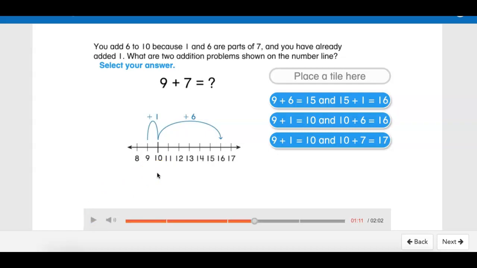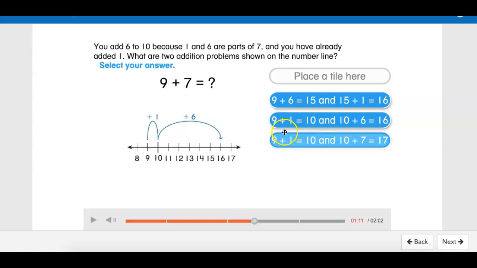So what are two addition problems shown on the number line? Let's look and see where our number line jump begins. We begin on 9 and add 1 to get 10. Then we jump from 10, add 6 to get to 16. So we begin with 9 plus 1 equals 10.